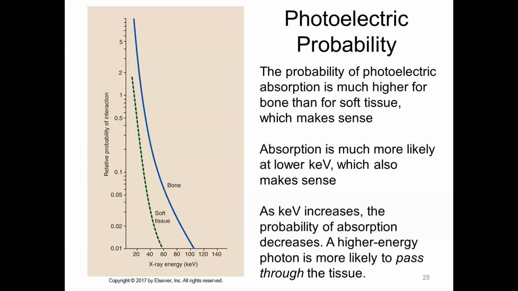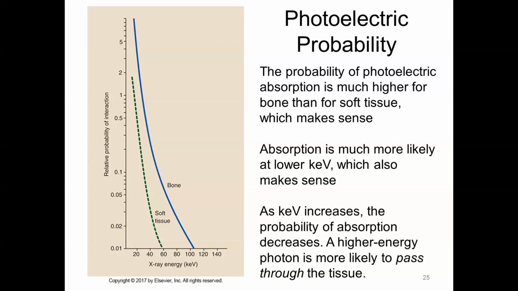Fairly easy to grasp. Lots of absorption at low energy levels. The more you increase it, less chance of absorption. That is true for soft tissue and for bone. But bone is so much more likely to absorb than soft tissue, and we talked about that with our atomic number probability.